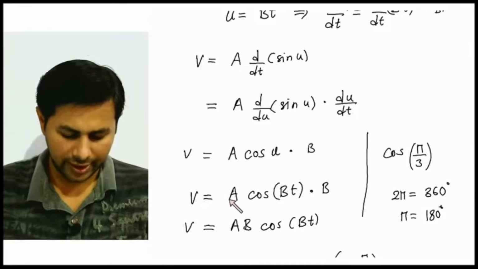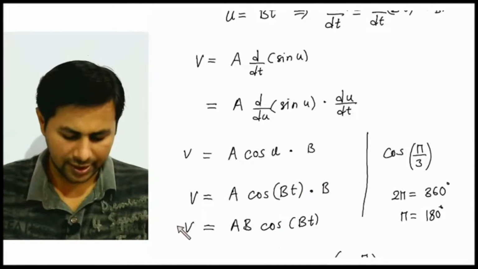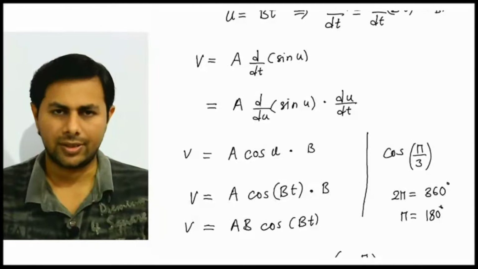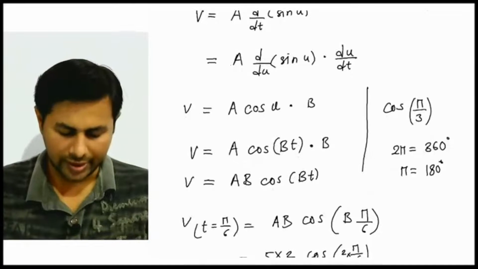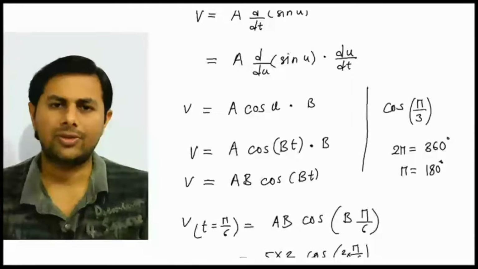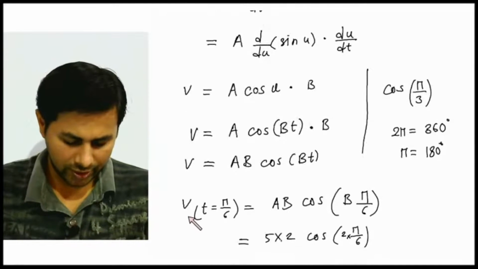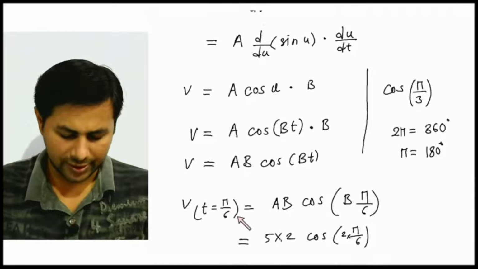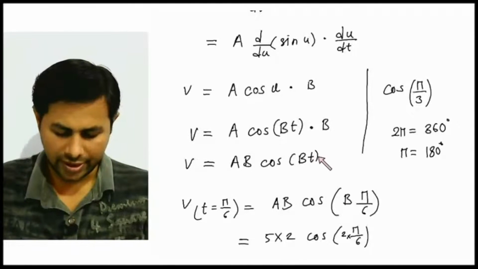So we have a times cosine of bt times b, and then we can write this as ab times cosine of bt. Okay, and then we wanted to find out the velocity at time t equals pi by 6. Okay, so velocity at t equals pi by 6 is equal to ab times cosine of b times t, which is pi by 6.